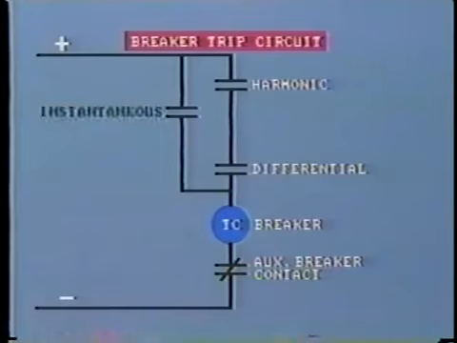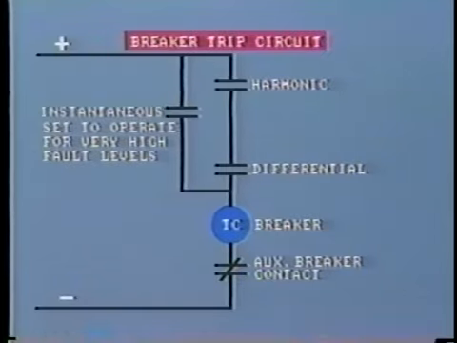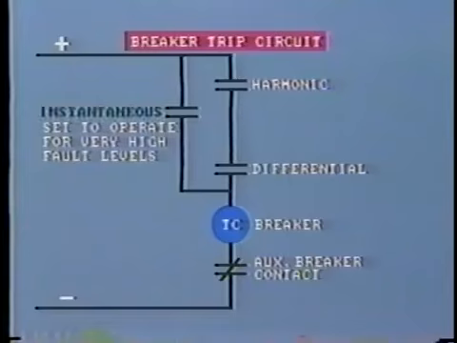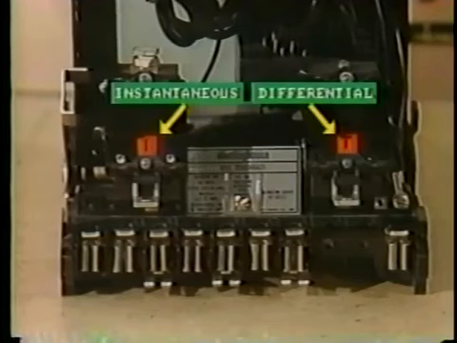So as to avoid inadvertent tripping, it is set to operate for very high levels of internal fault, say 10 to 15 times normal full load current. When the differential relay does operate, specific targets will indicate instantaneous or differential trip and which phase has faulted.